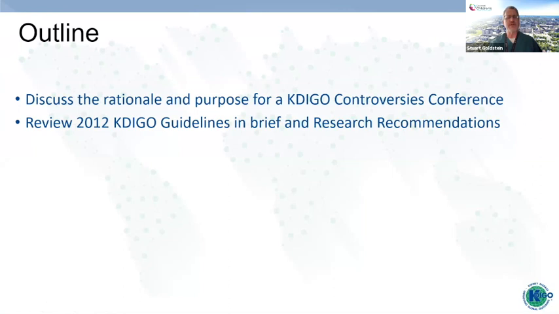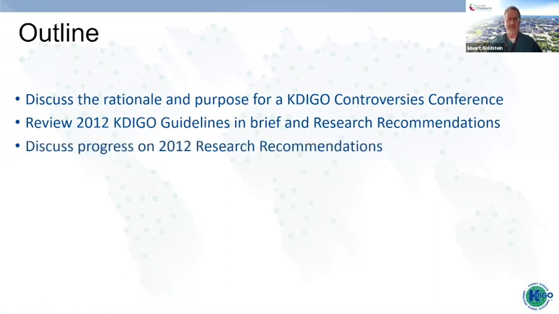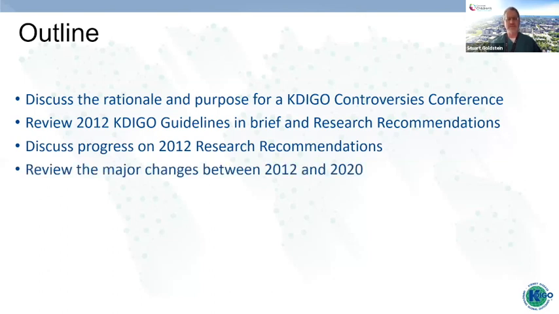I'll review some of the 2012 KDIGO guidelines in brief and the research recommendations that were published in those guidelines. I will also discuss some progress that has occurred over the last mere decade for the 2012 research recommendations, and discuss some major changes between 2012 and 2020. And review the research recommendations from last year's publication and conference.